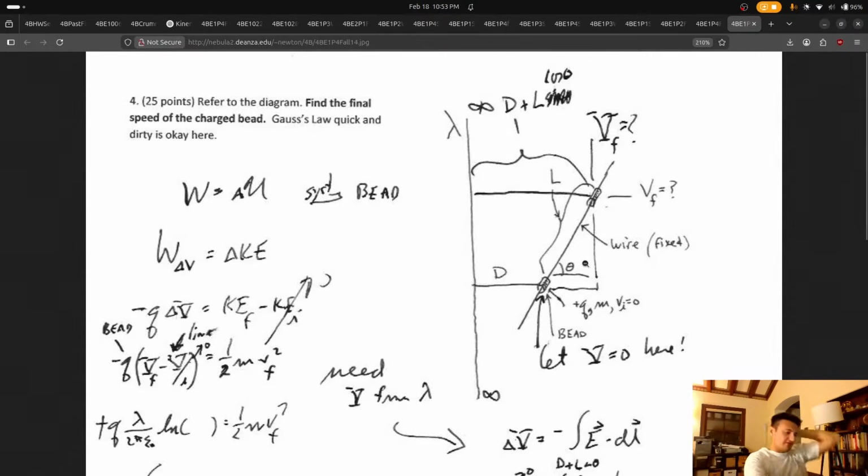So whatever the V is, if it's like 1 over r, that's how the E field scales for the infinite wire.